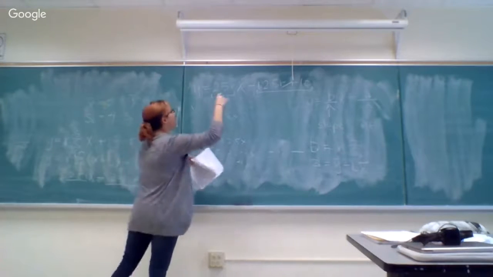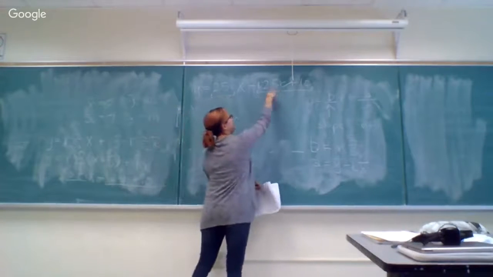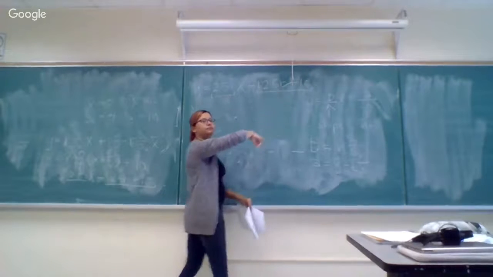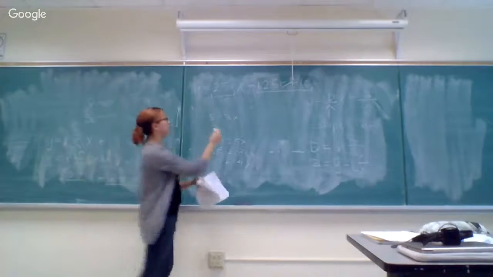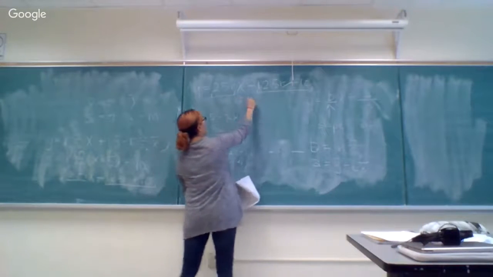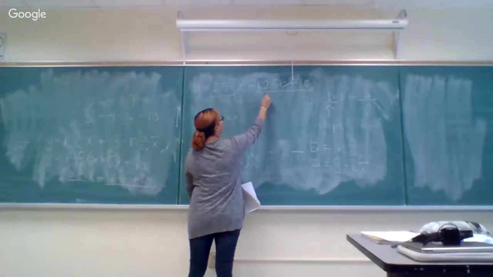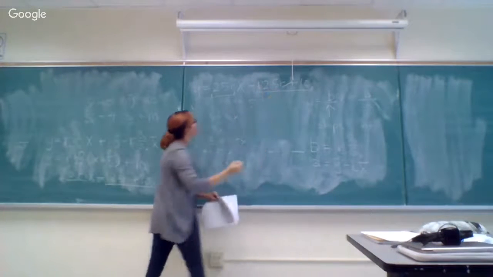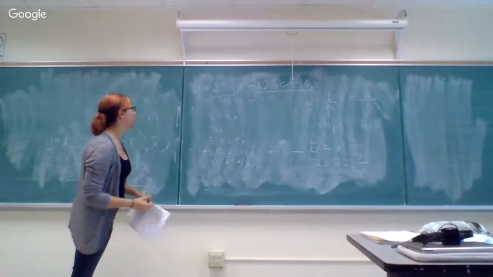Because if this is 0, then all that is 0. If this is 0, this is 0, so we're left with 10. If our correlation is 1, then we have 2.5x minus 2.5.